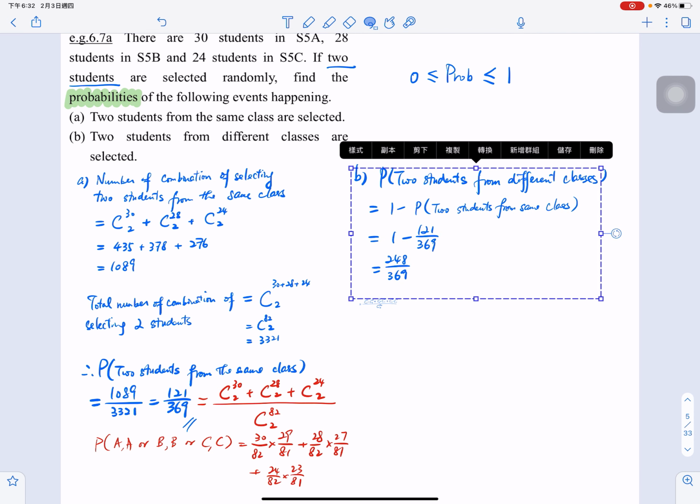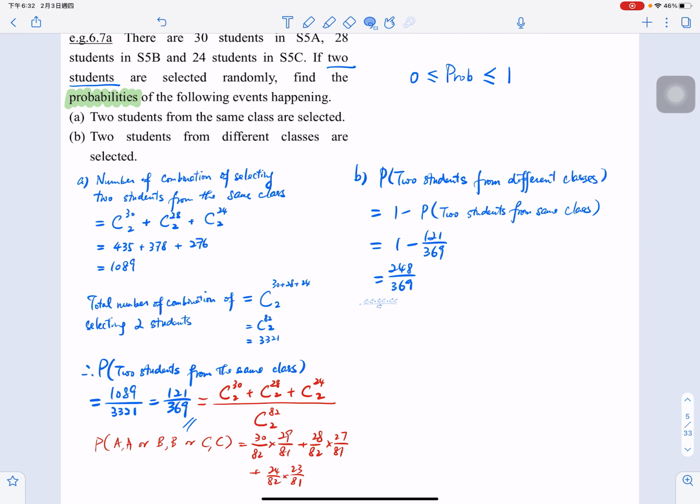So you find that this one is easy: 1 minus the probability from the same class. So 1 minus 121 over 369. This is the answer of part B. Sometimes using complement events, you can find the answer easily. But not always, remember. Can we also count the number of combinations? The answer is yes.